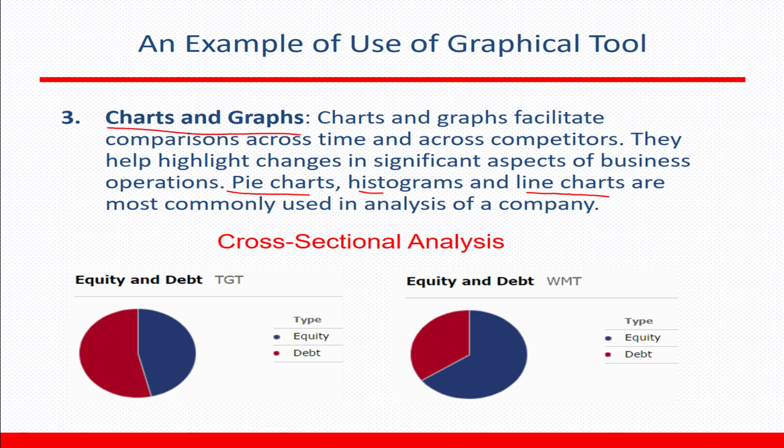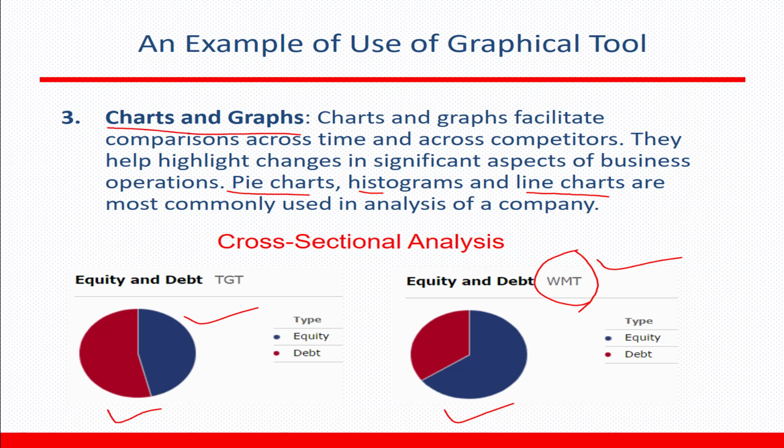And here's an example. I have used this pie chart to compare the capital structure of two companies. TGT stands for Target, right? And WMT stands for Walmart. So this is the capital structure of Target and the capital structure of Walmart.